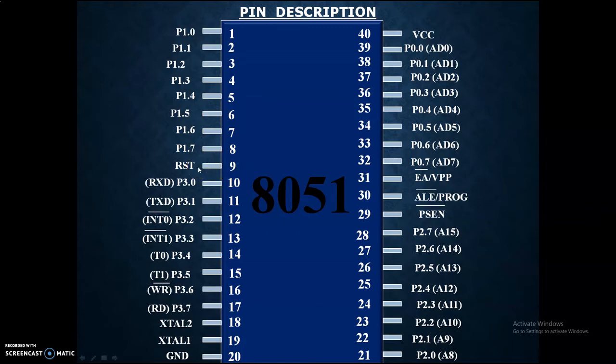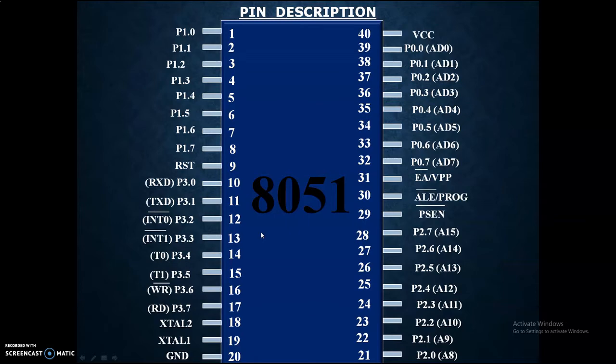If we apply some positive voltage here in pin number 9, then the total program will start over. Means the 8051 microcontroller will start its execution of the program from the very beginning, that is 0000H. Now coming to pin number 10 to pin number 17, there is port 3.